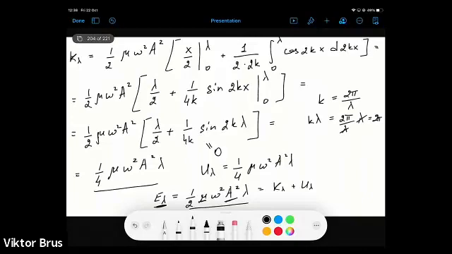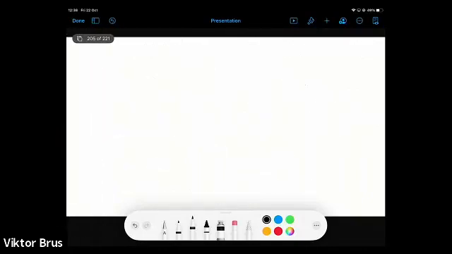And that will give us power, energy per unit time. So the power of a wave will be energy per one wavelength divided by period.